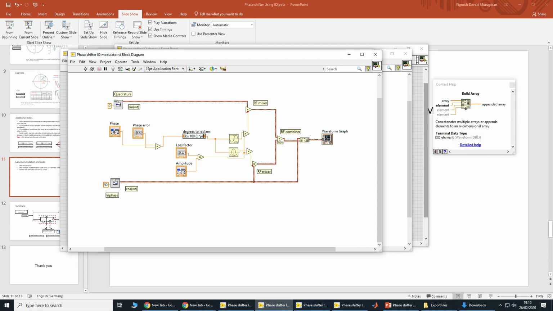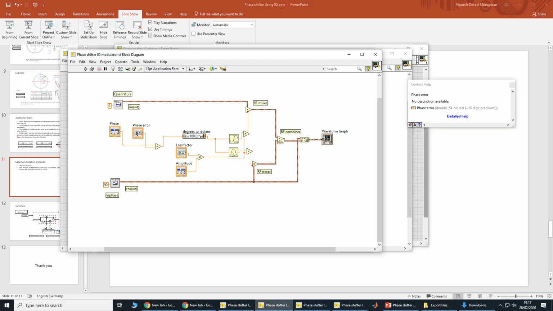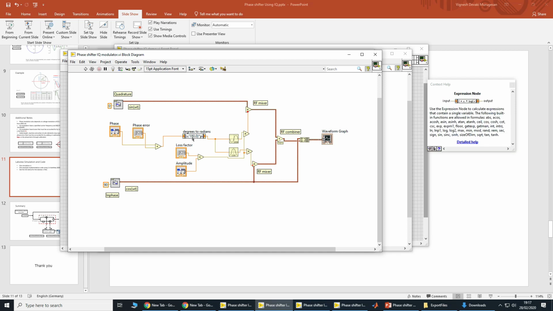Here is our input for phase and phase error. It could be added or subtracted based on the amount of phase error, and then it goes into a degree to radian converter and is then provided as input to sine or cosine terms.